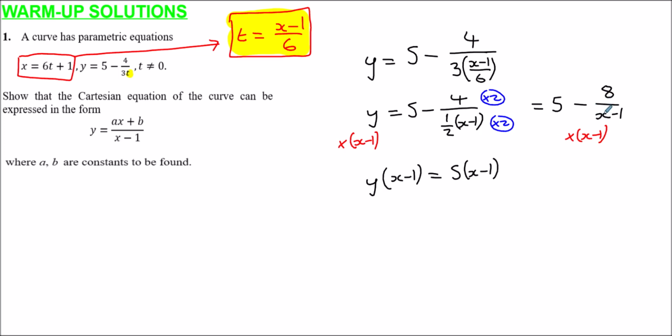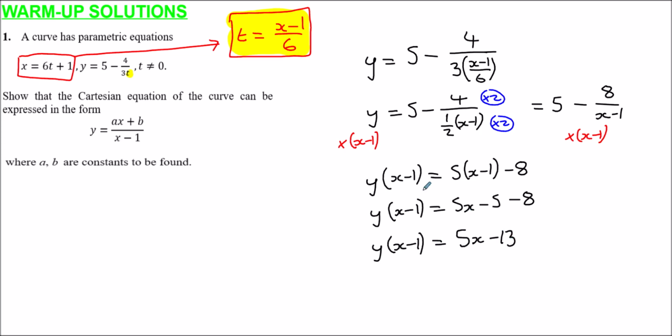The x minus 1 on the denominator cancels with what I'm multiplying it by, so I just have minus 8. Expanding this out, I get y lots of x minus 1 equals 5x minus 5 minus 8. Simplifying a bit more, 5x I can leave as 5x, minus 5 minus another 8 is minus 13.